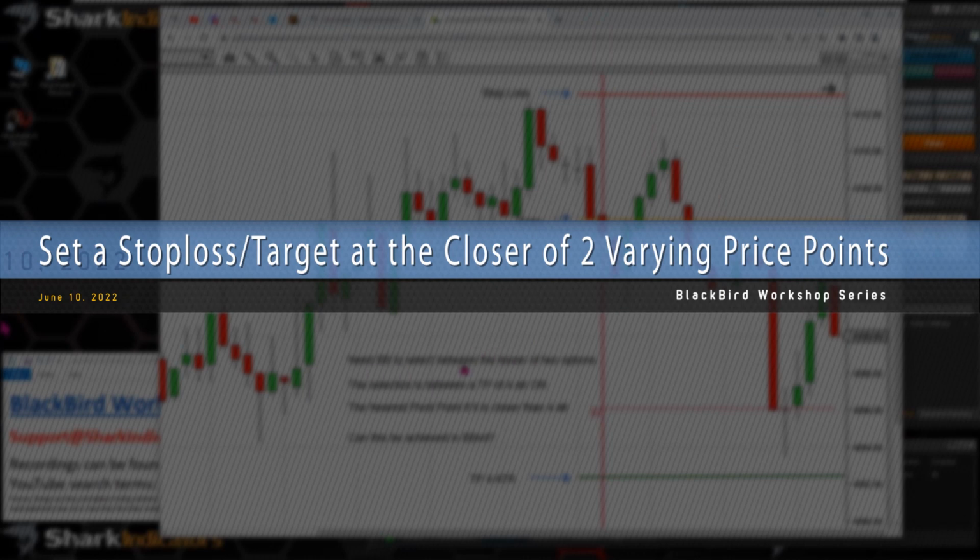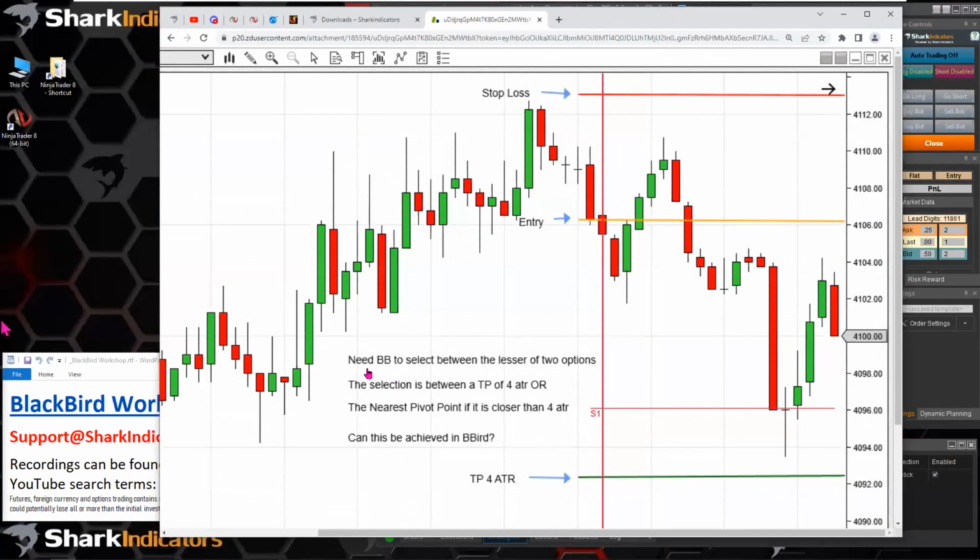So this is a fairly common question here, where somebody wants to choose between two different price values for a stop loss, or maybe even a profit target. Obviously, most of the time it's for a stop loss here.